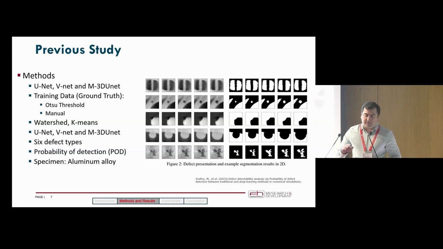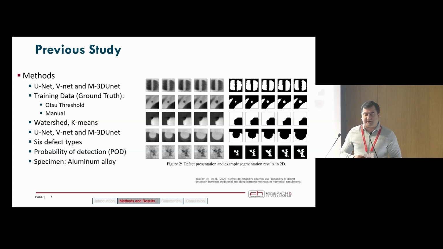It was compared with traditional methods as well as the convolutional neural networks. We found that convolutional neural networks perform much better than traditional methods in the segmentation task. You can also see one example of the simulated defects here.